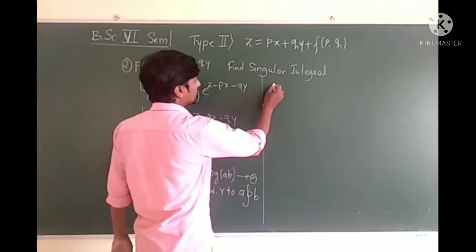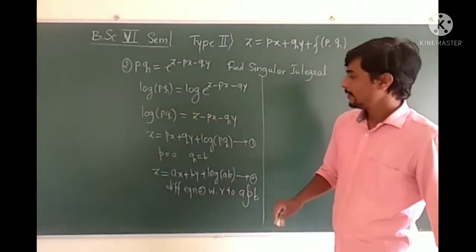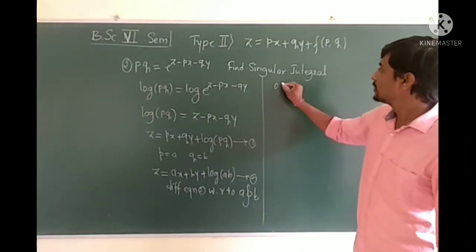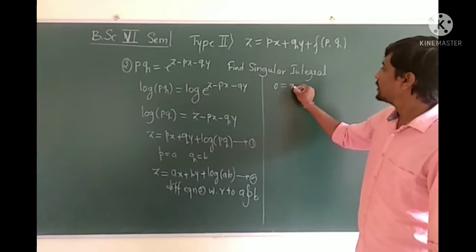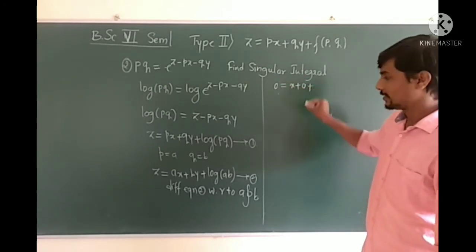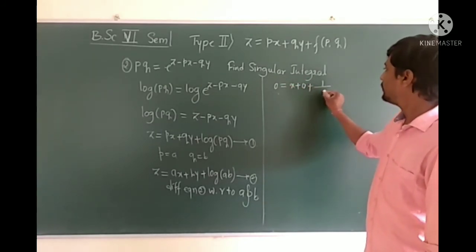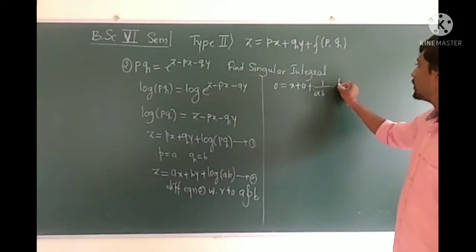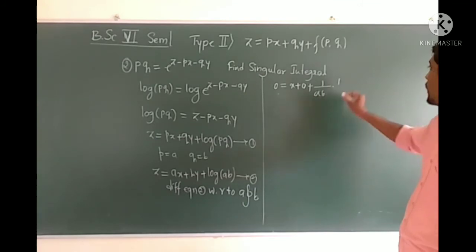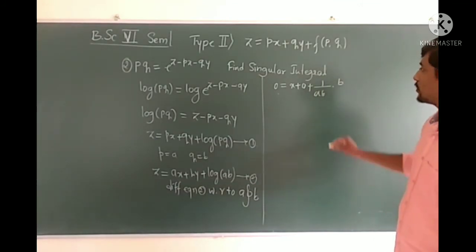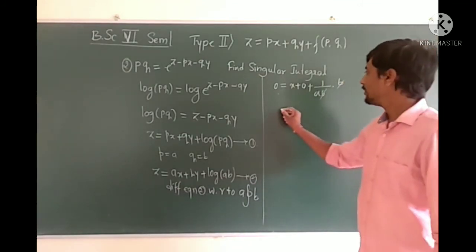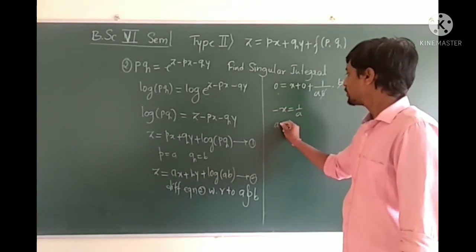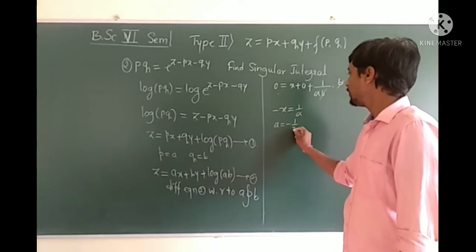This will become 0 plus 0 equal to x plus 0 plus 1 divided by ab into the differentiation of ab with respect to a, which is b, so b gets cancelled. We have minus x equal to 1 by a. Therefore a is equal to minus 1 divided by x.